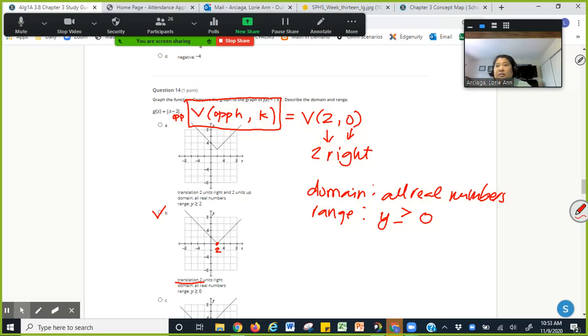Finding the vertex. Brandon, I think you sent me a message and I did reply to you via Remind. I don't know if you saw it. You said there was absolute value of x minus 2 minus 2, and you said you had a hard time with the negative. The vertex here will be you get the opposite of that one, which is 2, right?